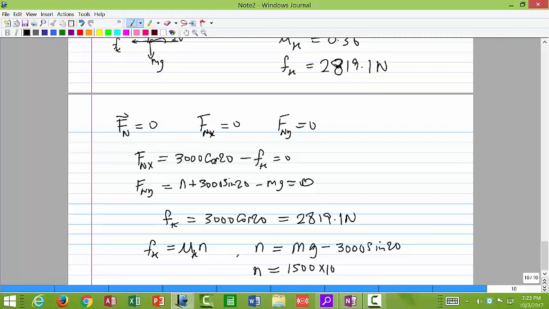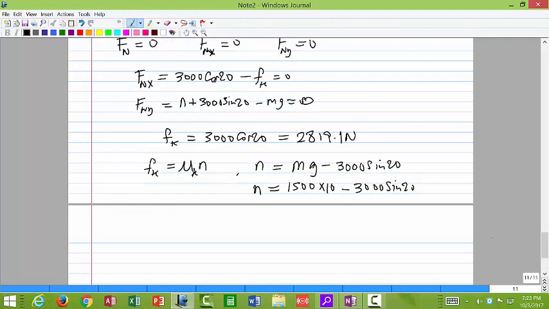Let's use 10 to simplify it. Minus 3000 sine 20. So what does that give us? So we can say N is equal to 15000. What is 3000 sine 20? 1026.